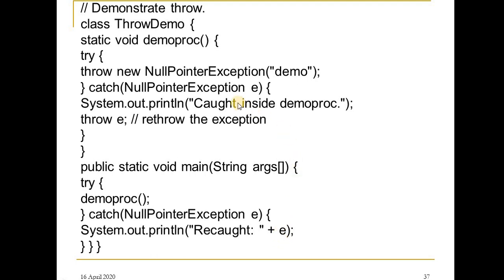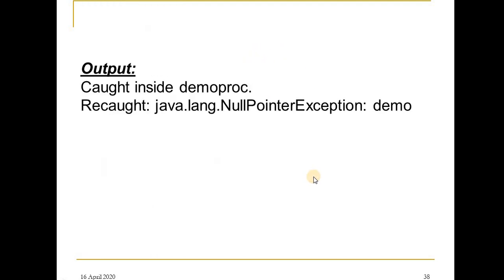As you have passed a string "demo" to the constructor of the NullPointerException, whenever you are trying to display the value of e, that e will contain the string that you have passed to its constructor. The string that I have passed is "demo". So see the output over here.